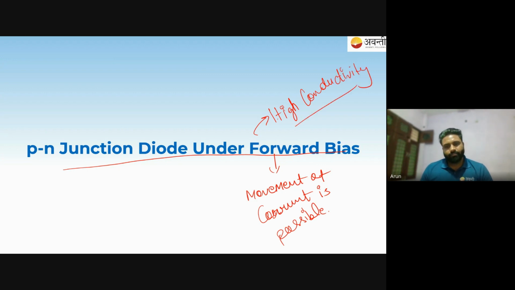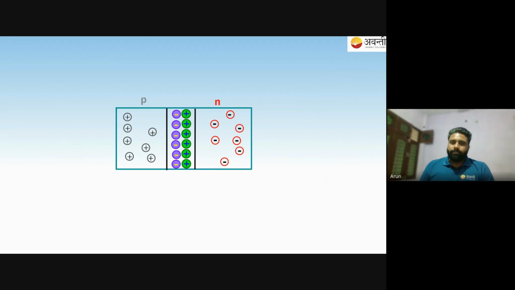Okay. Now what will happen? You have the immobile charge ions and the depletion layer. The depletion layer is formed by the immobile charge ions, not carriers. They cannot move, and this depletion layer is formed by these charges only.